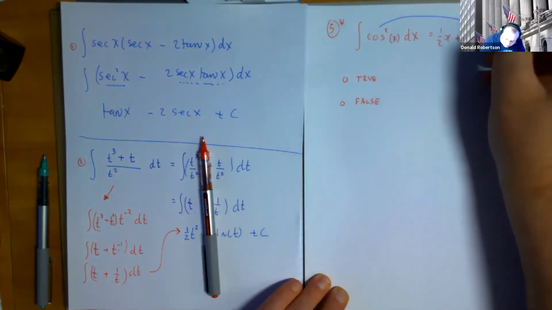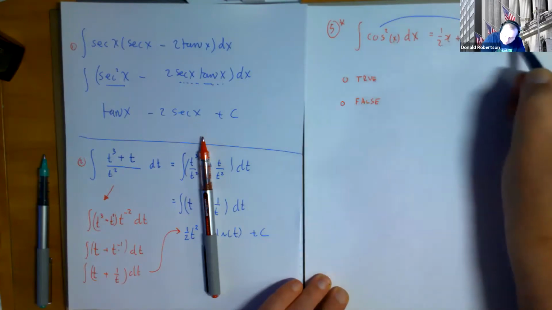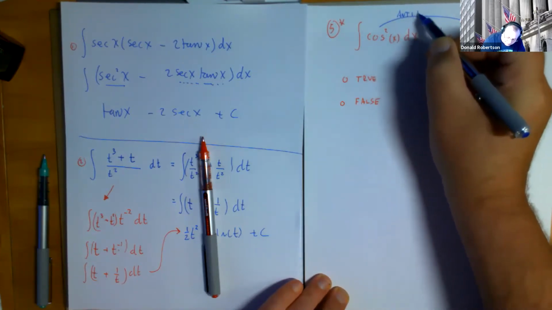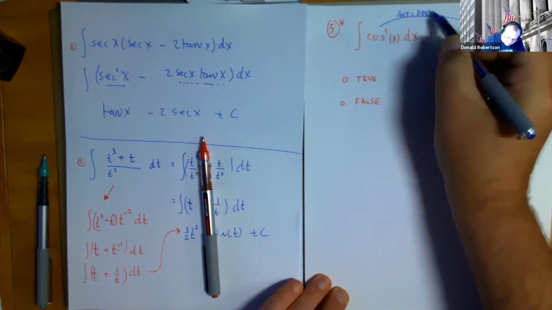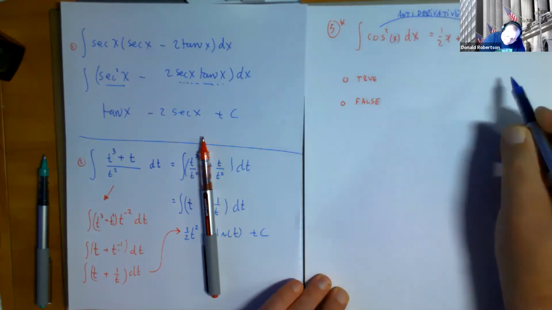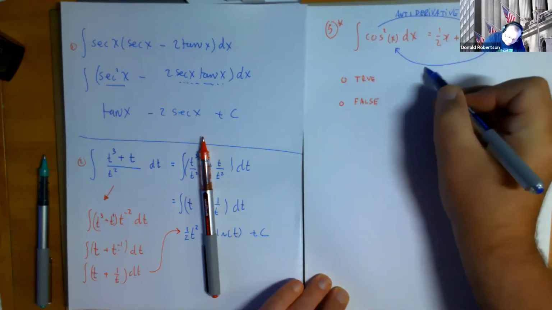Going this direction, from the integral of cos squared to this, that's basically finding an antiderivative. But if I start with this and I differentiate it, shouldn't I get that?